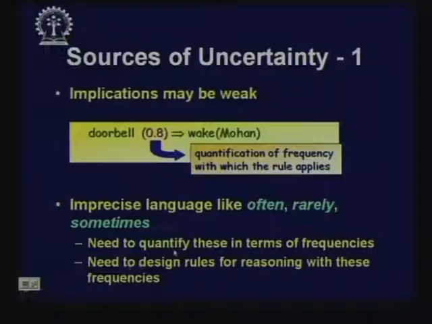So first thing is we need to quantify them, and also we need to design rules for reasoning with these frequencies. We have to write rules in such a way that these uncertainties are captured in those cases. This is one source of uncertainty. Implications may be weak.